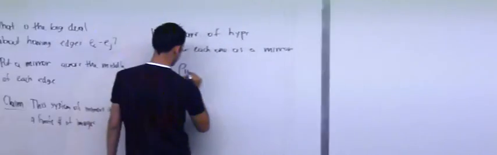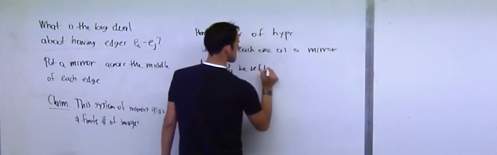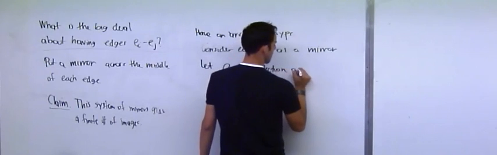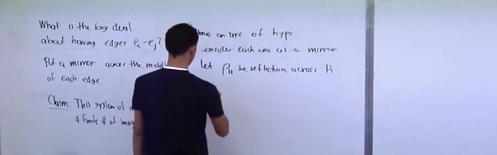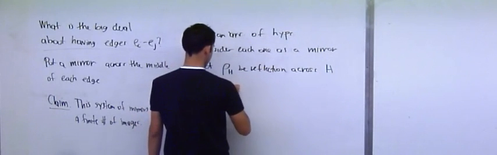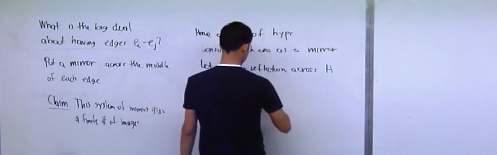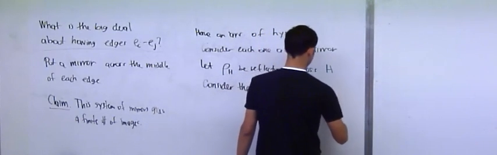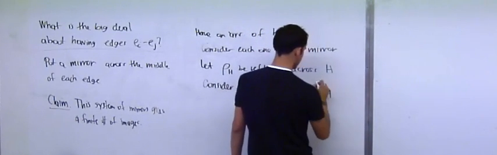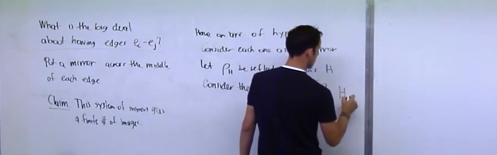So let rho sub h be reflection across h. And consider the group generated by these reflections.